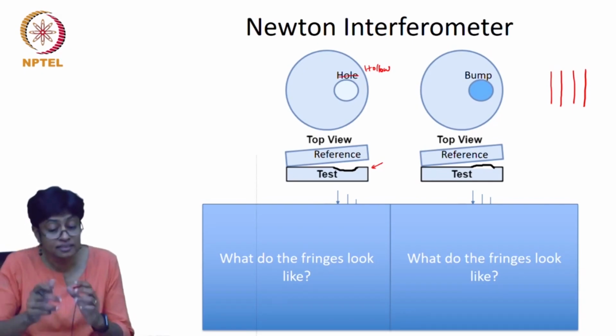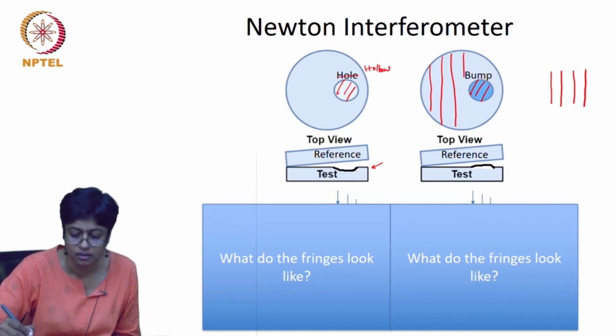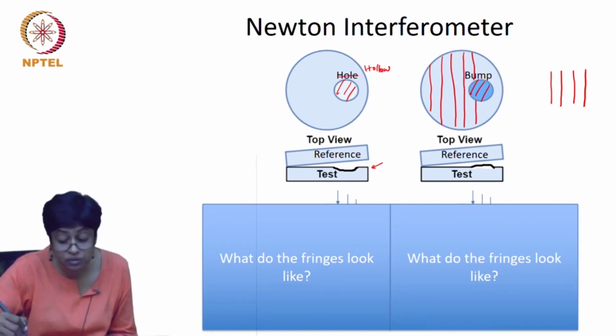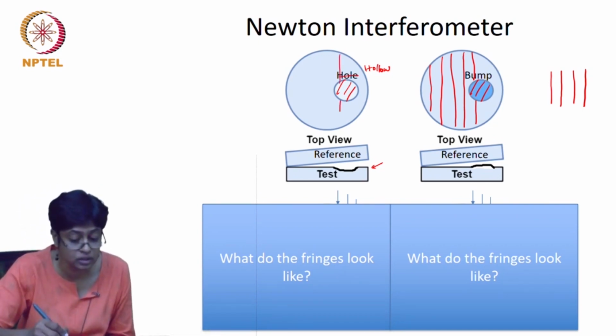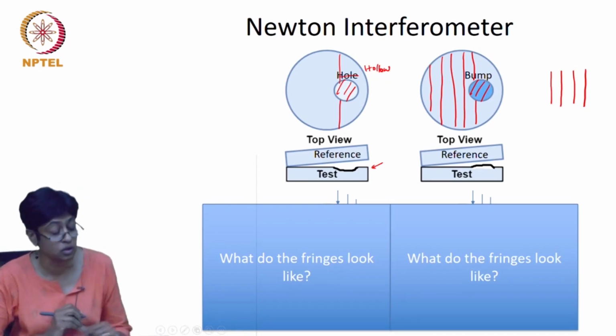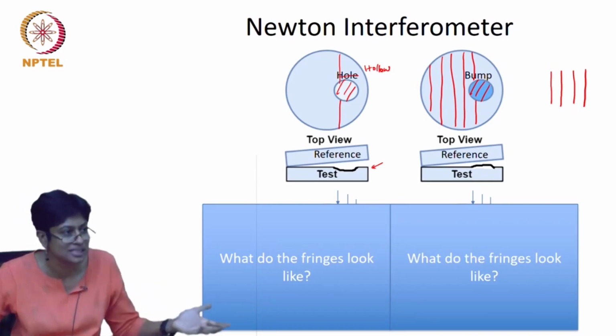Everywhere other than this region, the fringes are going to look the same, right? Now somehow these fringes have to connect, the fringe above this hollow and the fringe below this hollow. It will connect along the path where the optical path length difference is the same.